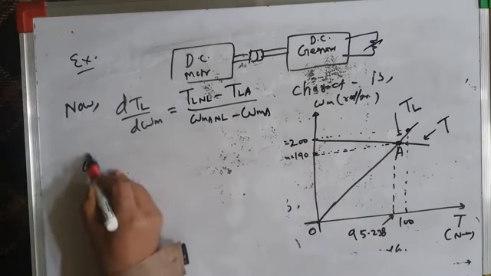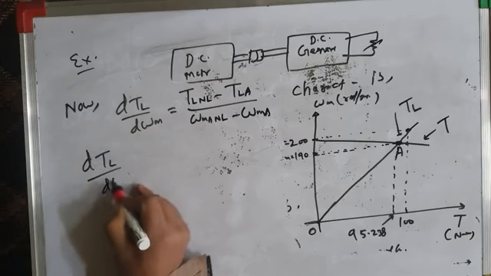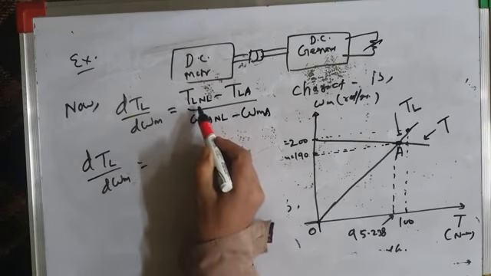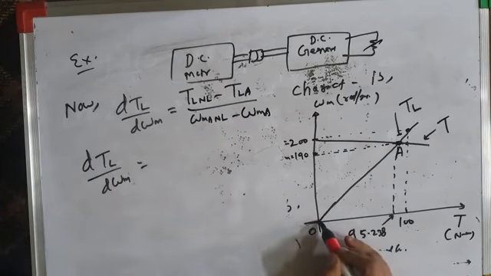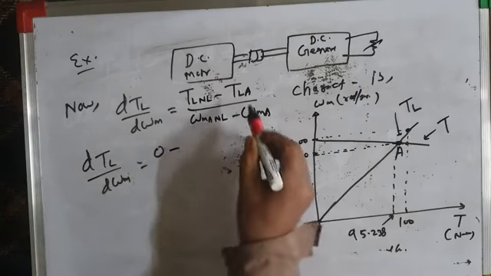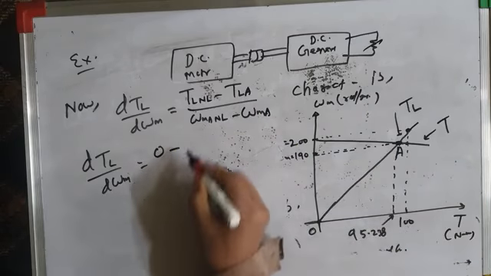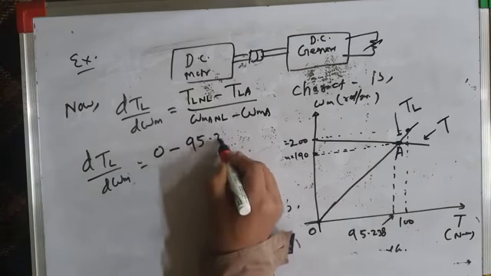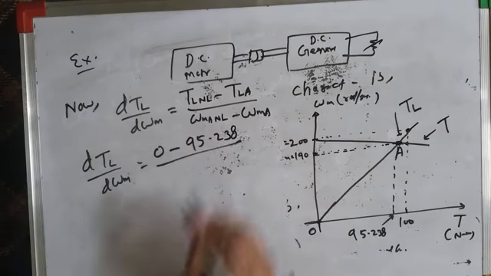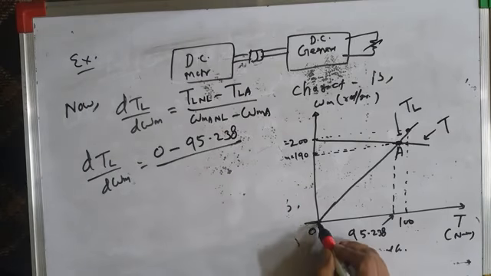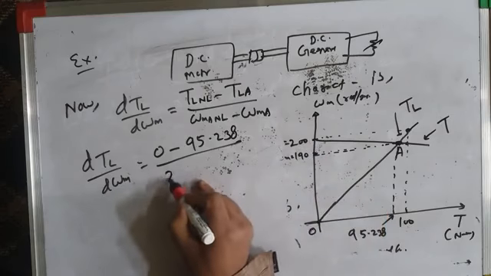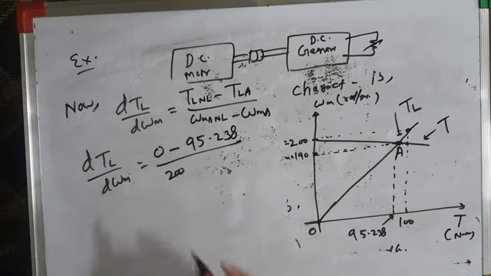So dTL by d omega m is equal to, what is the no load torque? At no load, TL is 0, so T is also 0. So it is 0 minus, what is the torque here? We have already calculated it just a few moments back. It is 95.238 divided by, what is the speed at no load?